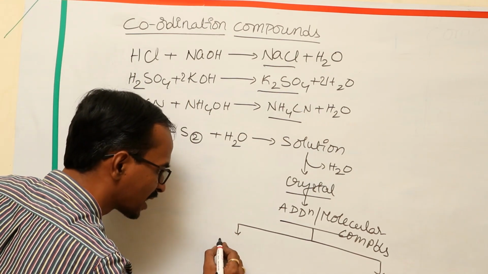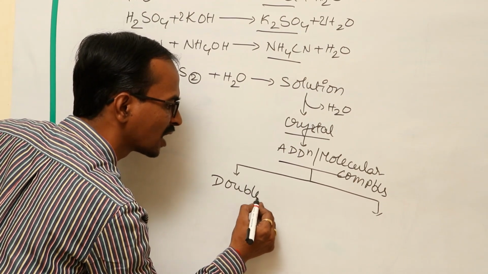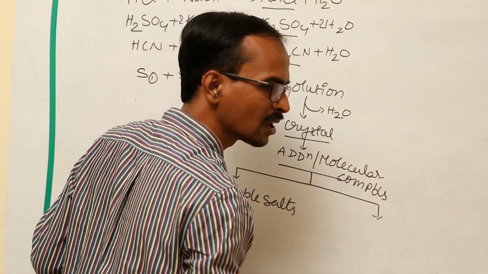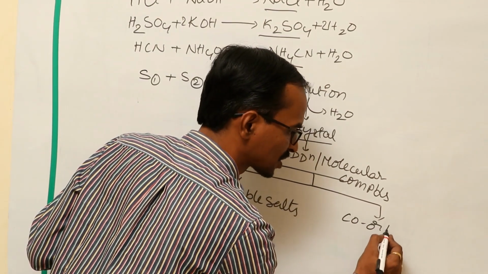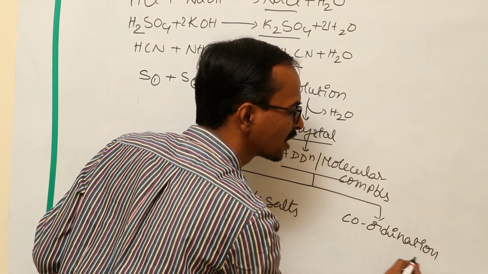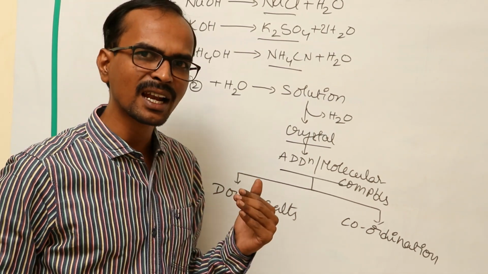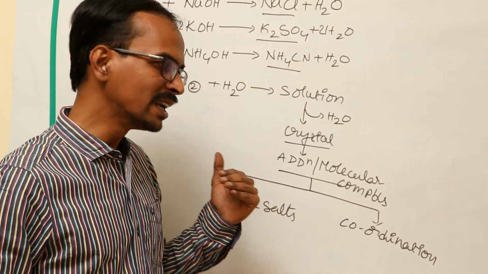The first kind are the double salts, and the second kind are the coordination compounds. Let us take an example for the double salts and the coordination compounds, and then let us discuss these two kinds of substances in detail.